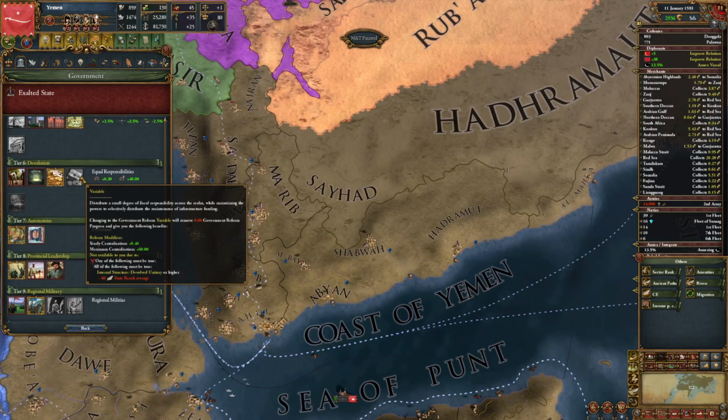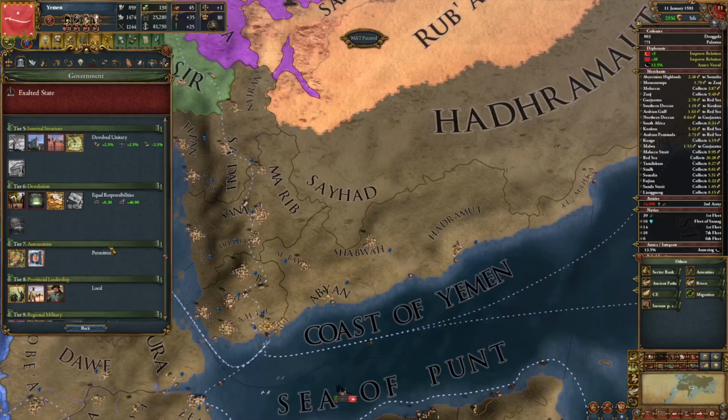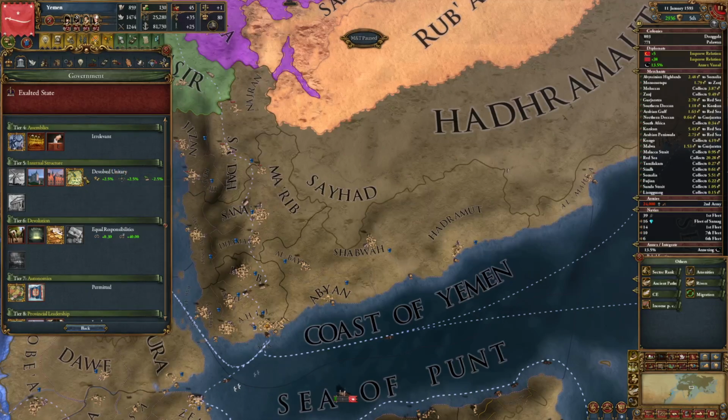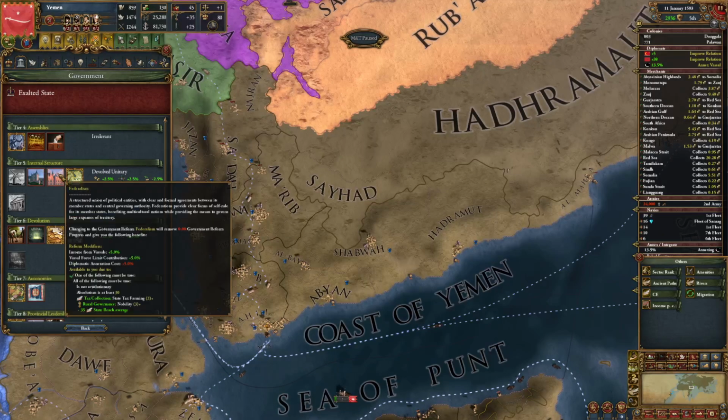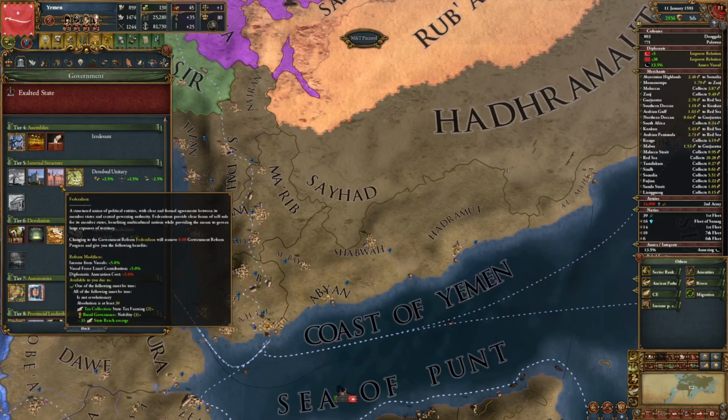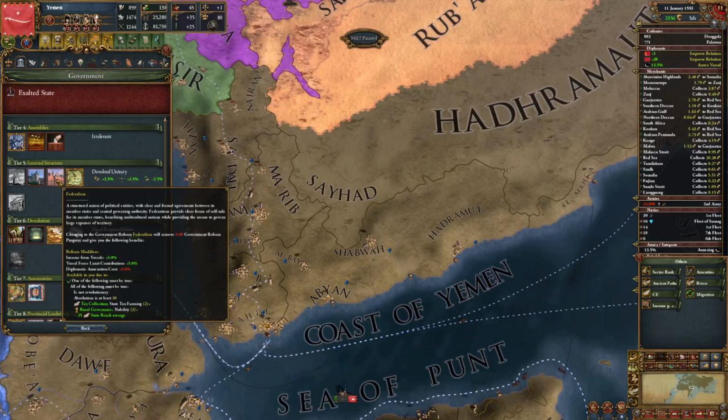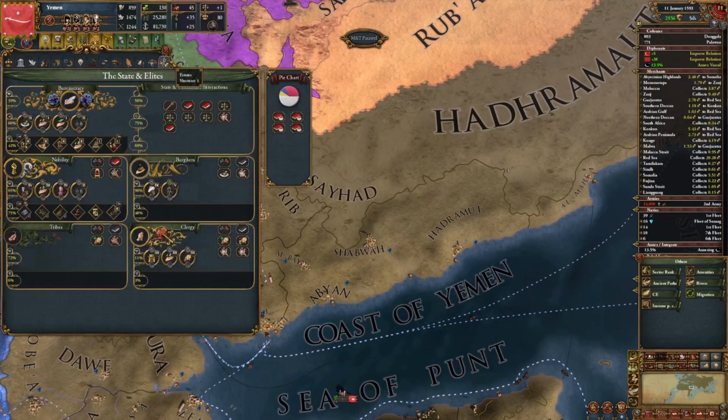And at some point I want to go into a variable, which is 60 state reach, which I need. And I also need to be on unitary, which is, for example, this one, which I already got here. So there are some dependencies between internal structure and the devolution here, which you need to check out, which ones you need to do here. But basically they are all tied to certain amounts of state reach and your taxation laws, basically.